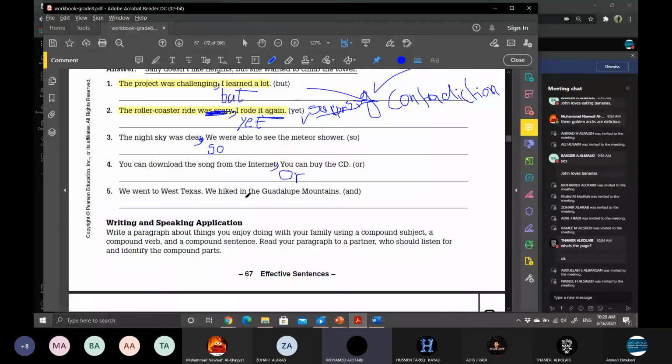We hiked in the Guadalupe Mountains. So change the period into a comma and add the coordinating conjunction and. So the sentence will be: we went to West Texas, and we hiked at the Guadalupe Mountains. Hiked means to walk in the mountains and to have a good time walking in the mountains.